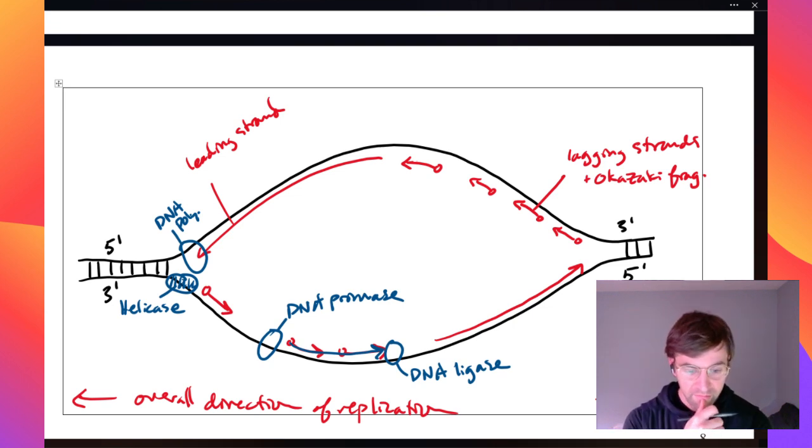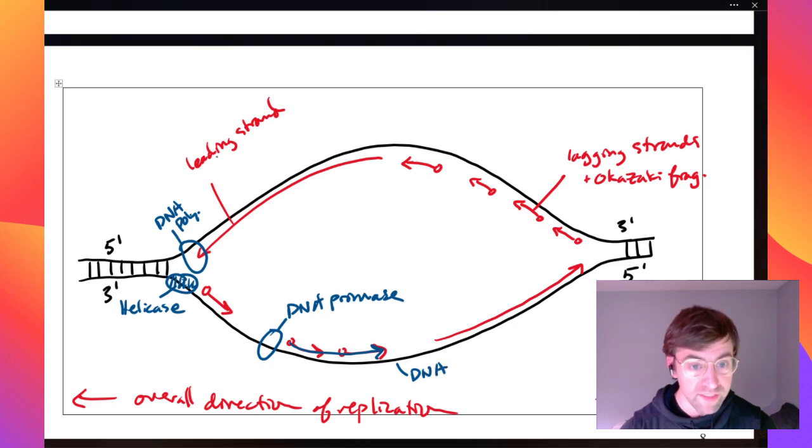Let's see. You know what? I'm going to change this one because this is a better visualization for one of the other polymerases.